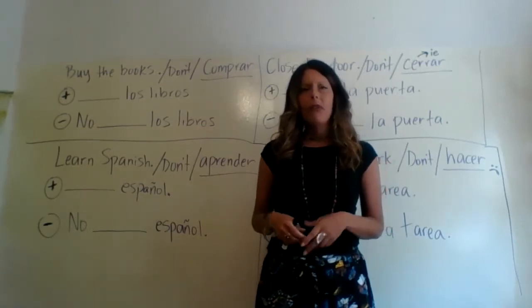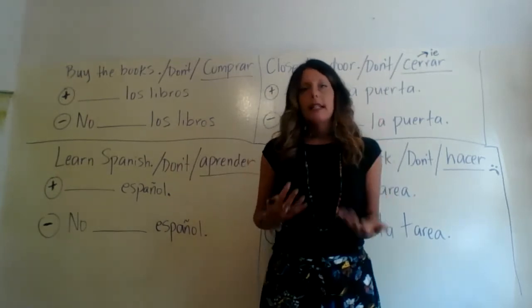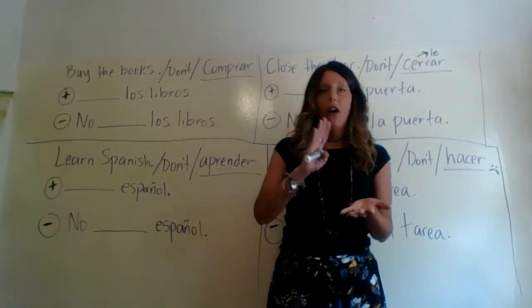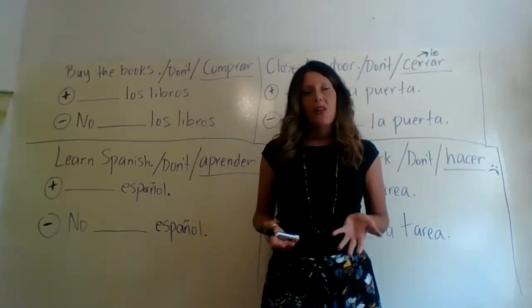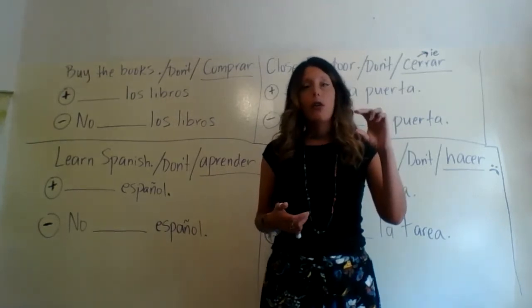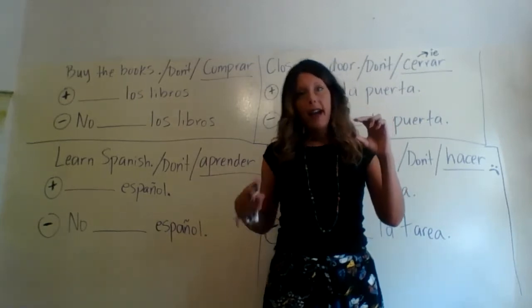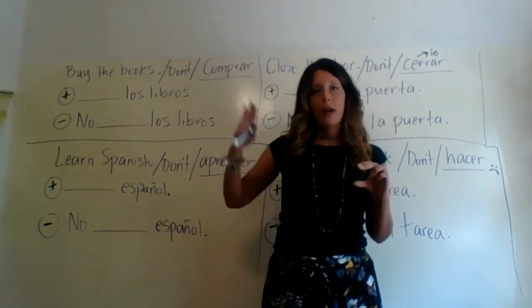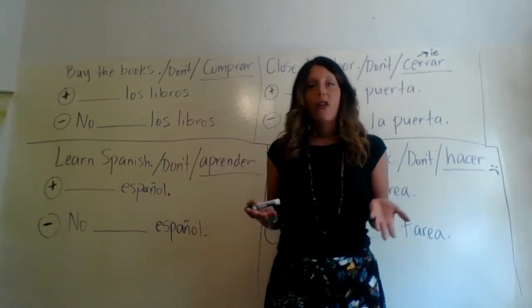If we wanted to choose option B, route 2, to get to an affirmative informal tú command, what would we do? We could go to the tú conjugation of the present tense, which is compras, C-O-M-P-R-A-S, and then do what? Drop the S. In either one of those cases, we would end up with compra.